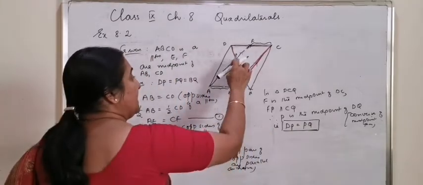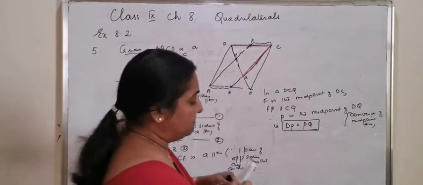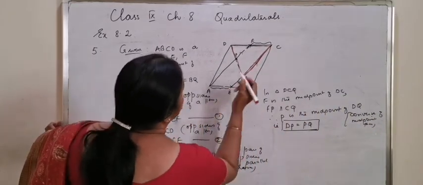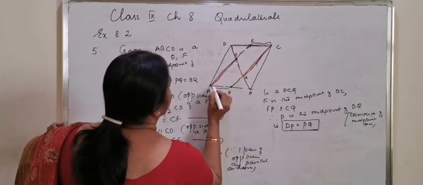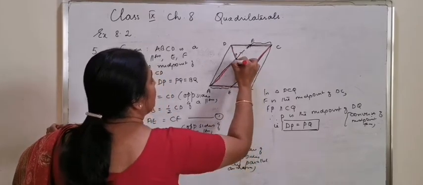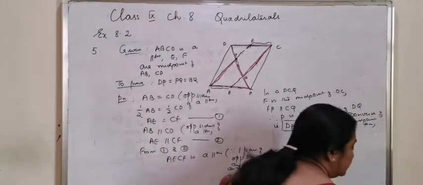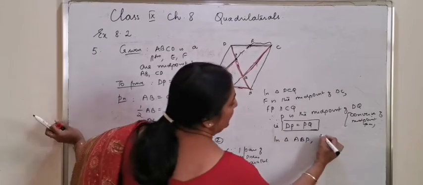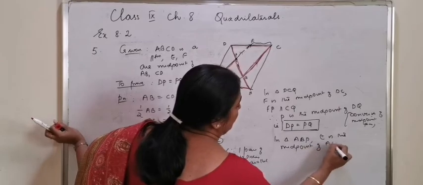Now we have to prove PQ is equal to BQ. That will be in triangle ABP. In triangle ABP, E is the midpoint of AB.